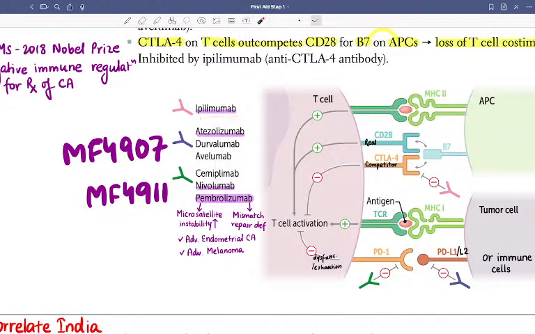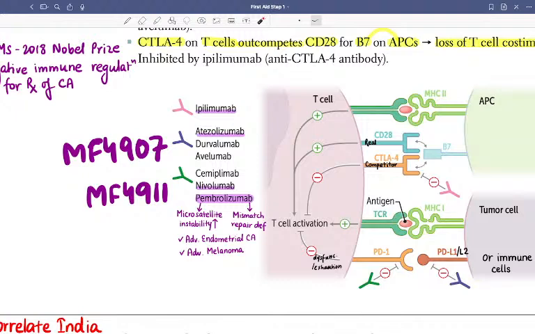Now I have a mnemonic for this. Although we'll come to it later again, I'll just recollect it here itself. Ipilimumab, ipili is pili. So everything that is pili in the body is going to use ipilimumab. So RCC, renal cell carcinoma, because urine is pili. Then hepatocellular carcinoma, because liver is pili. Next is colorectal cancer, because your stool is pili.